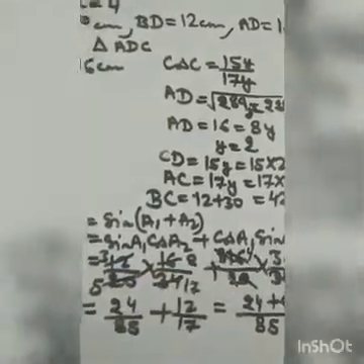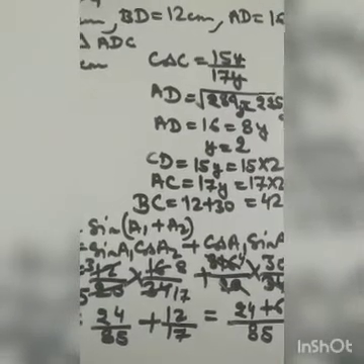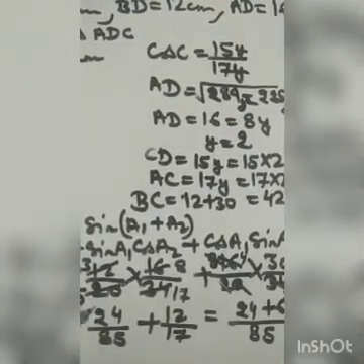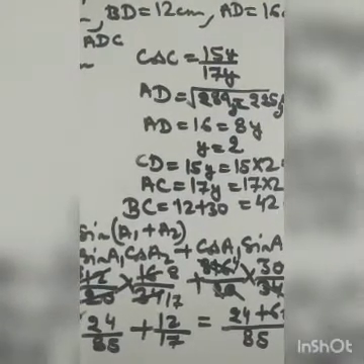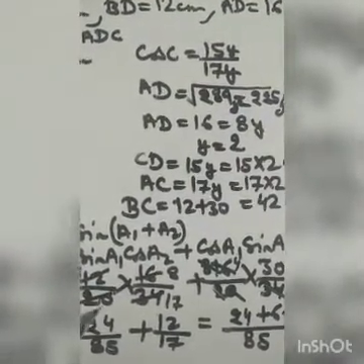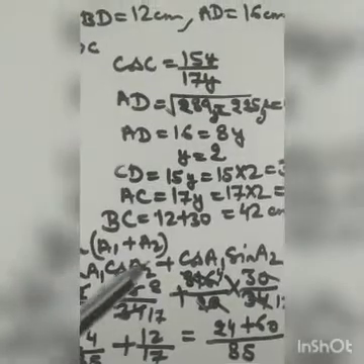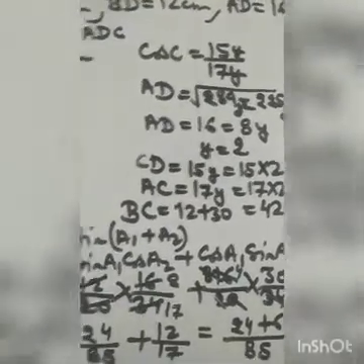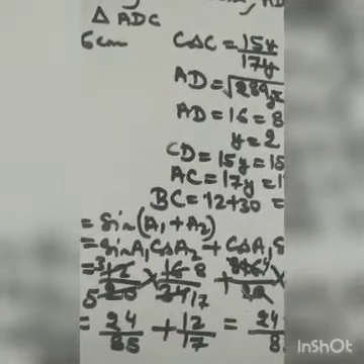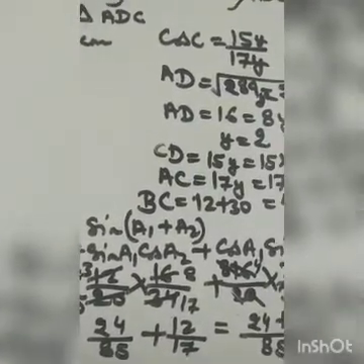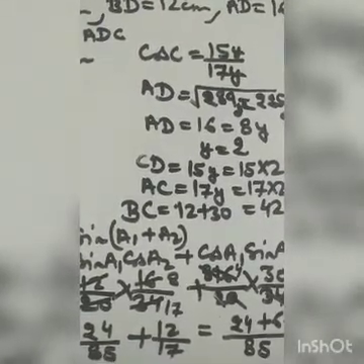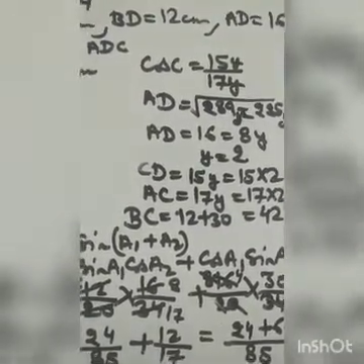And now we will write down all the values. So, sine A1 is 12 upon 20, cos A2 is 16 upon 34, plus 16 upon 20 into 30 upon 34 equals 24 upon 85 after cancelling, plus 12 upon 17.